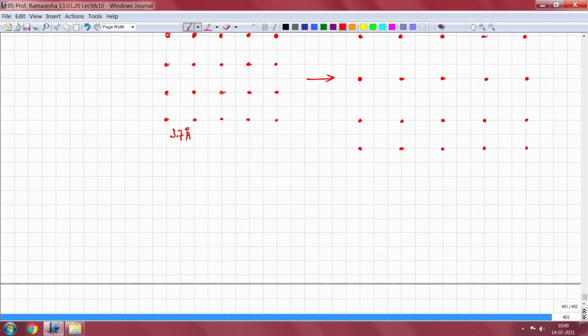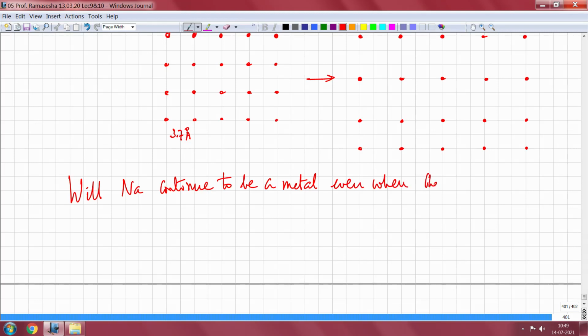The question that one asks is, will sodium continue to be a metal even when the lattice is expanded by 1.5 times? So, this one I have taken to be 5.5 angstroms, let us say.